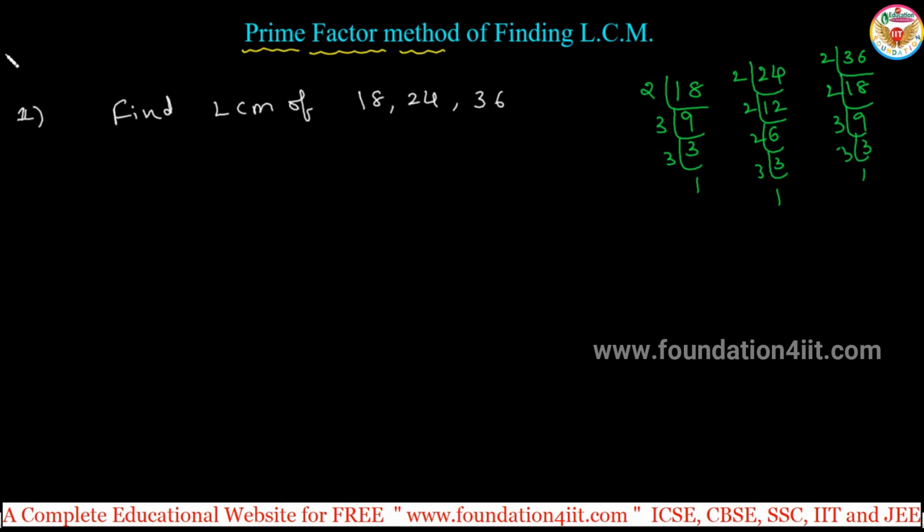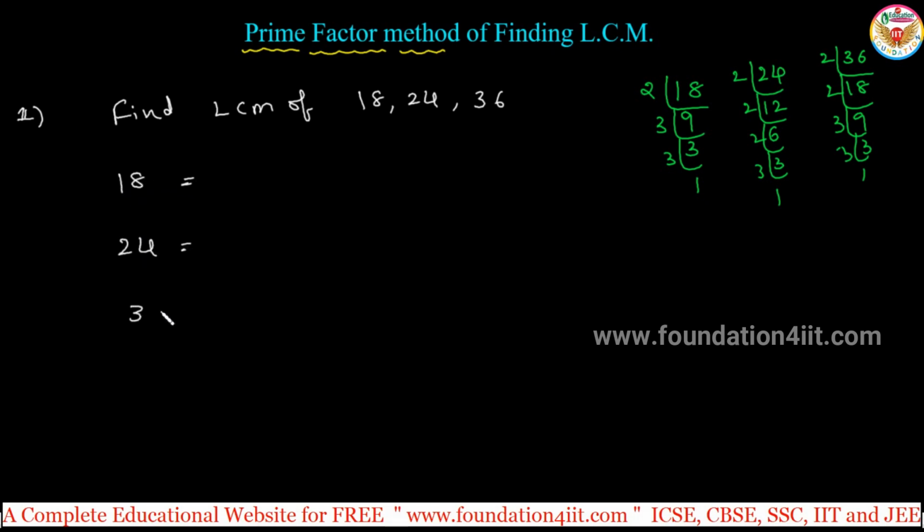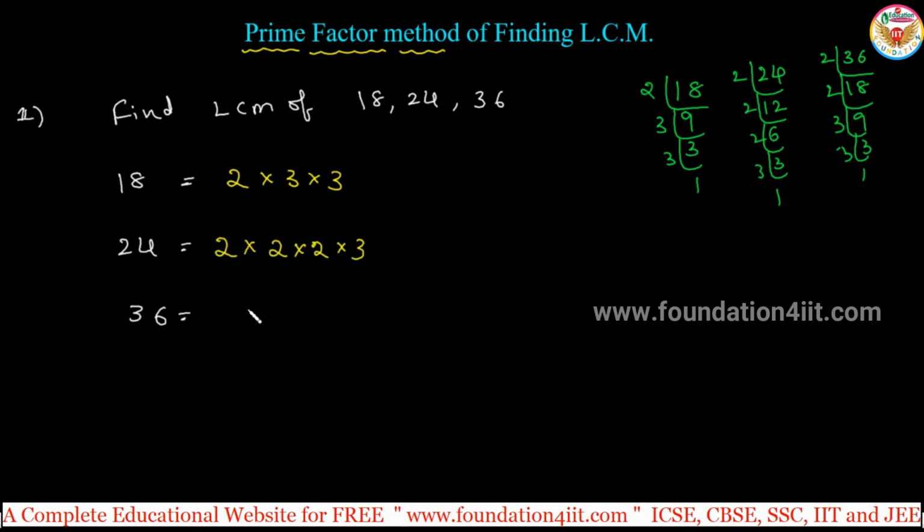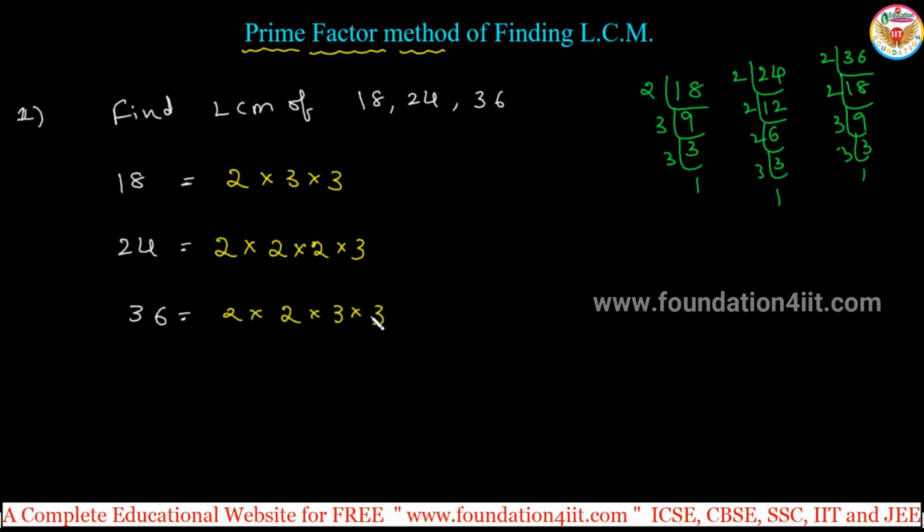After writing the prime factors of 18, 24 and 36: 18 is 2 into 3 into 3. For 24, 2 into 2 into 2 into 3. For 36, 2 times 2 times 3 times 3.